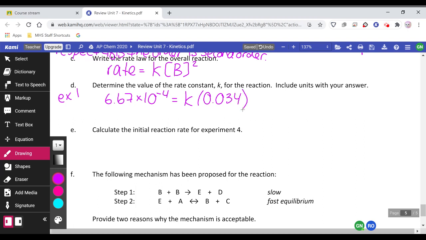And we need to square that because it's second order. And so when I type that on my calculator, I get a K equal to 0.58. Since it's second order, our unit, think 1 less. So we have liter times mole to the minus 1, and then we need our time, which is a second.